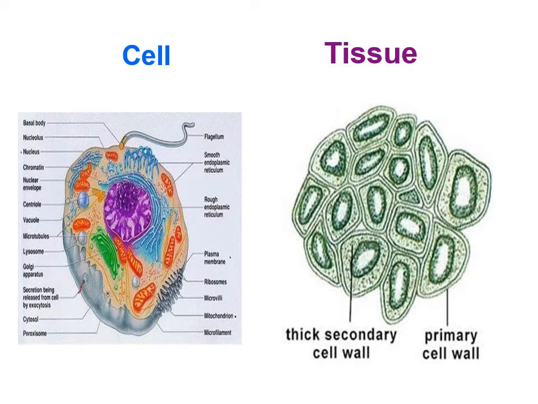When they are aggregated with the help of the middle lamella, they form what we call tissues. So have a look at it. The diagram shows the primary cell wall and the inner thickened secondary cell walls.